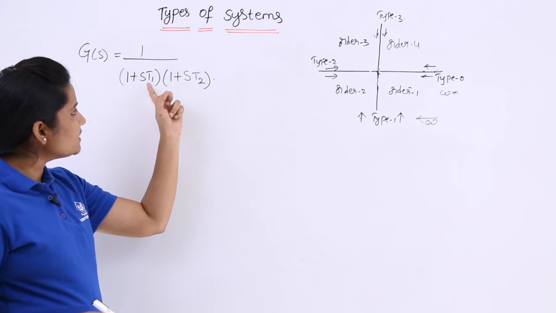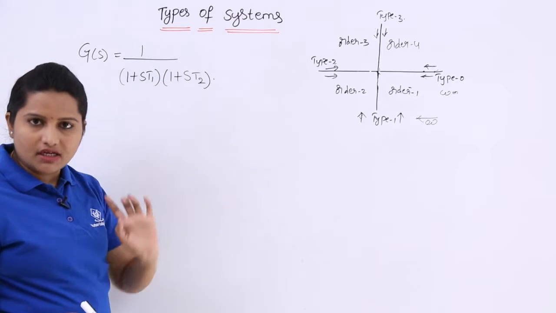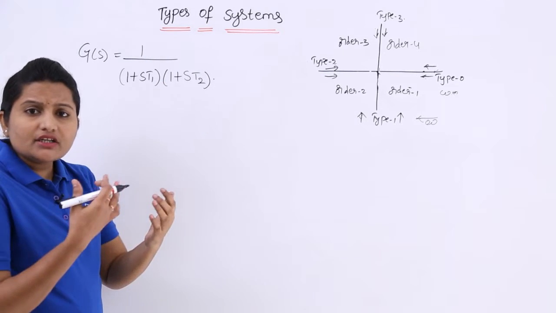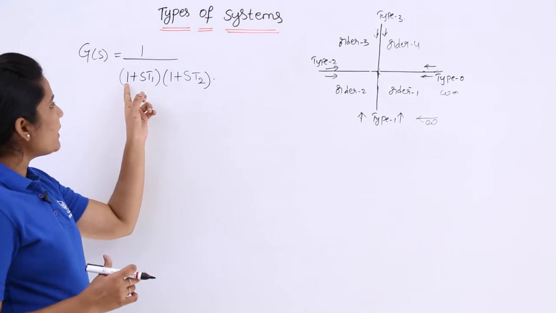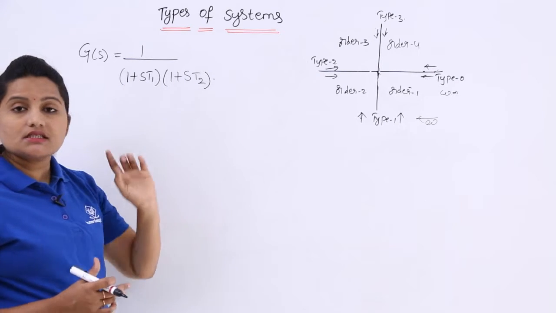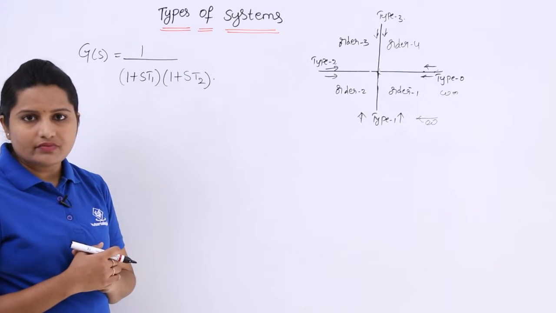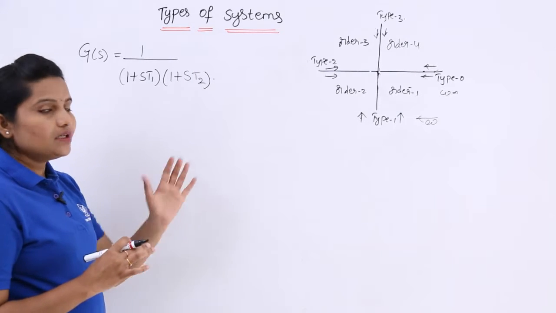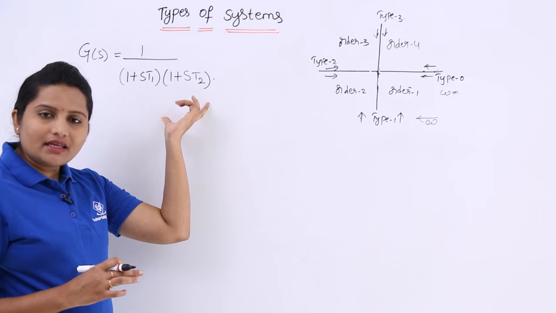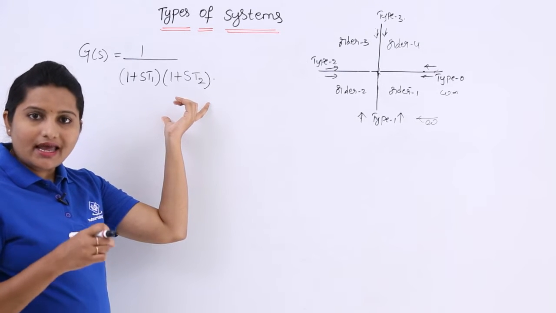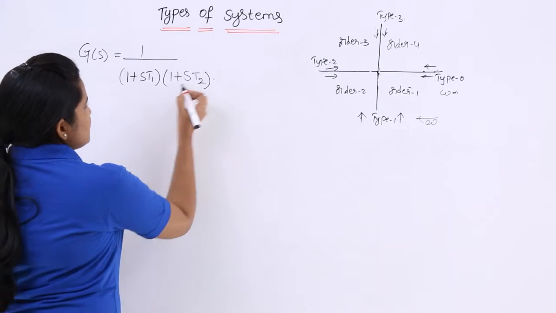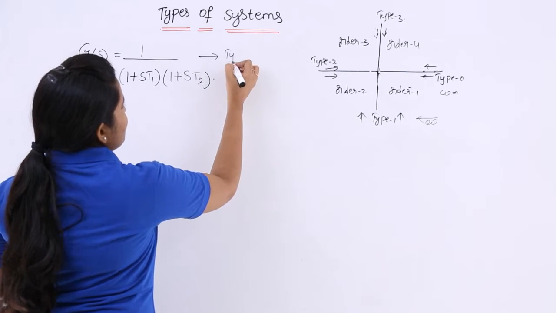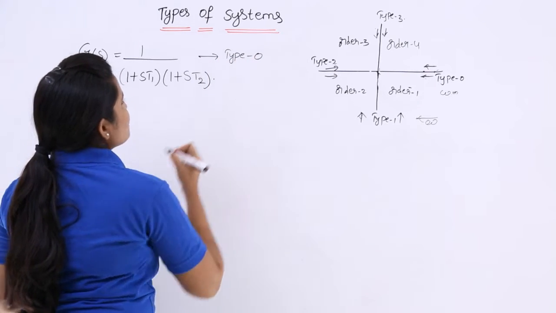If you equate these two terms to 0 individually, you get values like minus 1 by t1 and minus 1 by t2 for s. Those are not at the origin. So, as I am not having any poles at origin, this is a type 0 system.